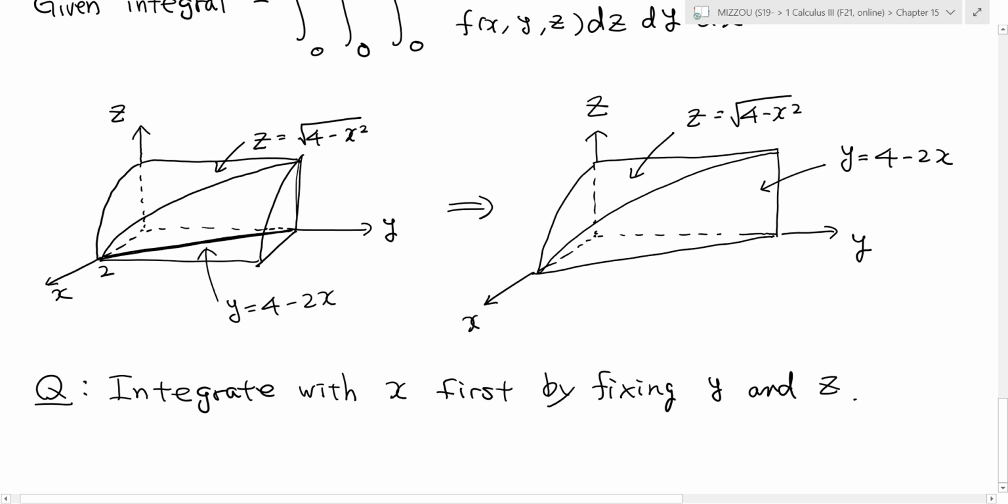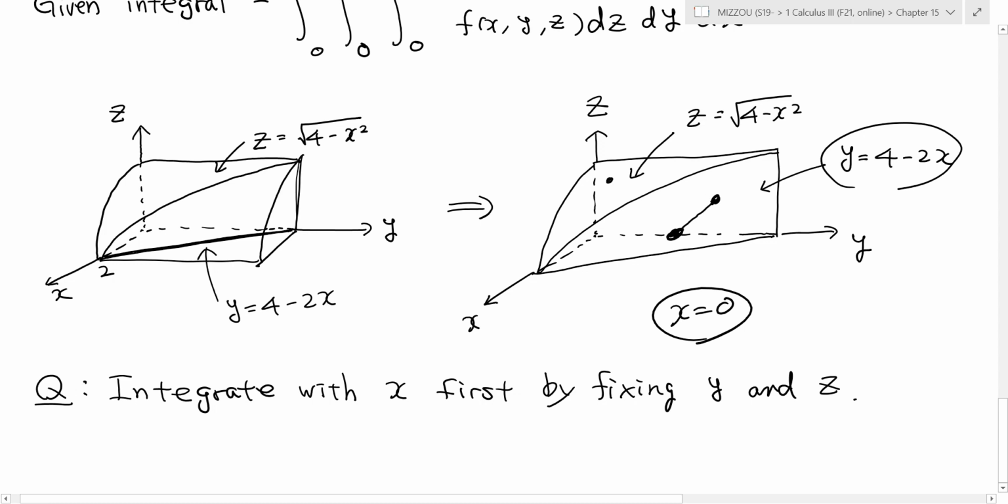Well, for this, we fix y and z. That means you fix some point on the yz plane. And then you vary x. So x starts from 0. If you go up in the direction of the x-axis, you hit this plane if your fixed yz is here.